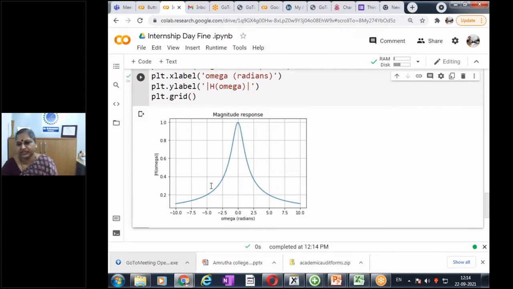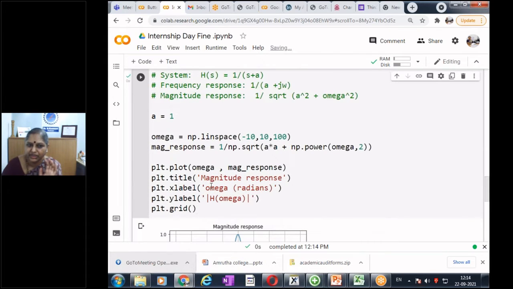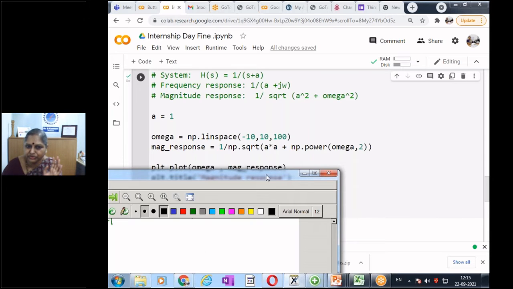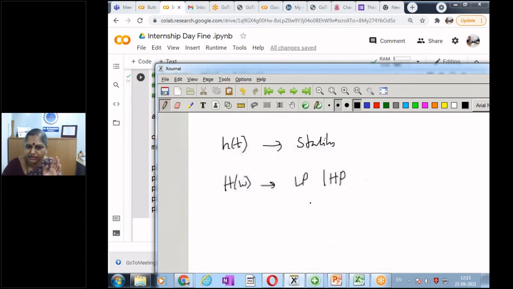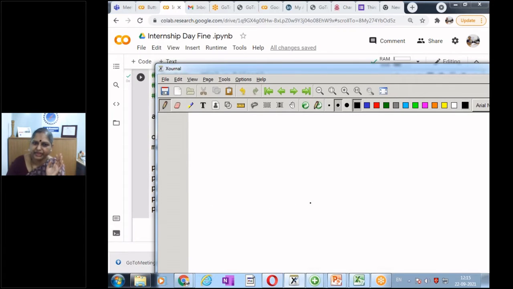Now I have a question. You are having a program and you are having the result. Now you please run this program for different values and give me an approximate value, no problem. We are having the transfer function H of s given by 1 by s plus a.